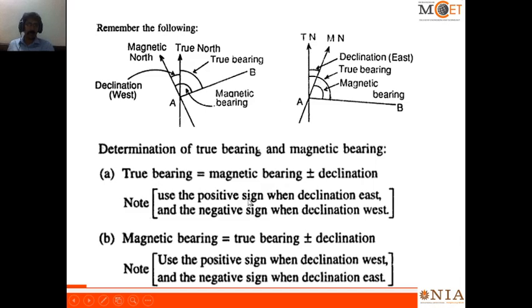See this formula, you try to remember: true bearing is the magnetic bearing plus or minus declination. If I want to get the true bearing, we are able to obtain only the magnetic bearing. There is a deviation, this declination, and since it is towards the east, this portion has to be added, right? So plus means use the positive sign when the declination is towards the east.